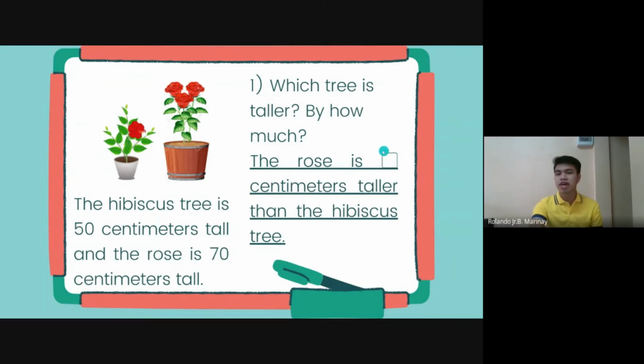So we're going to write 20 in here. The rose is 20 centimeters taller than the hibiscus plant. So that's it for number one. Now we can move on and do number two. Let's go.